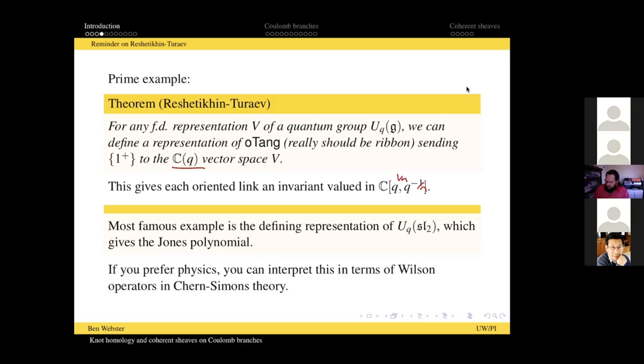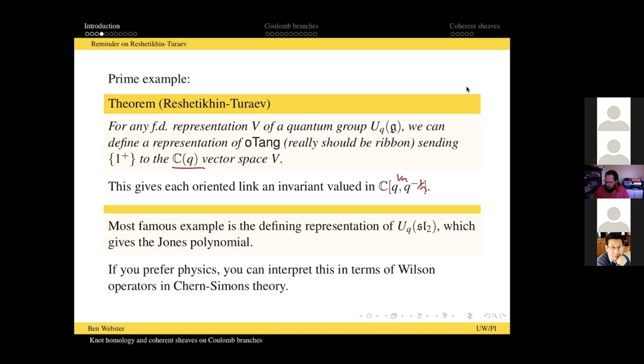All right, the most famous example of this that you're most likely to have heard of is the Jones polynomial, but there are many others. So the Jones polynomial is what happens when you put in the simplest representation of a simple quantum group you can think of, the defining representation of UQSL2. So there's a whole other zoo of these coming from other groups and other representations.